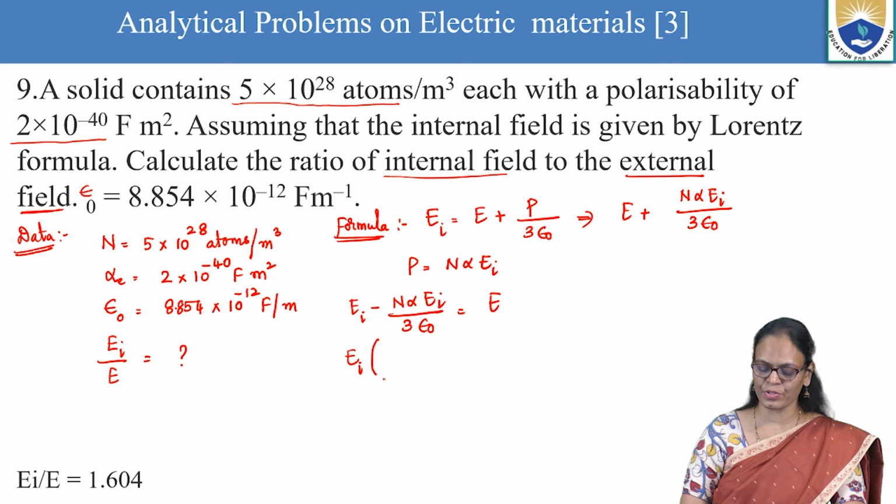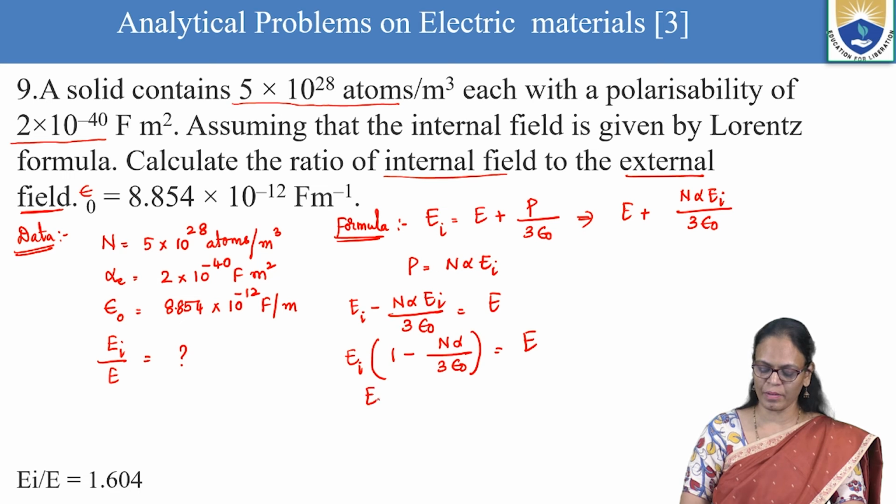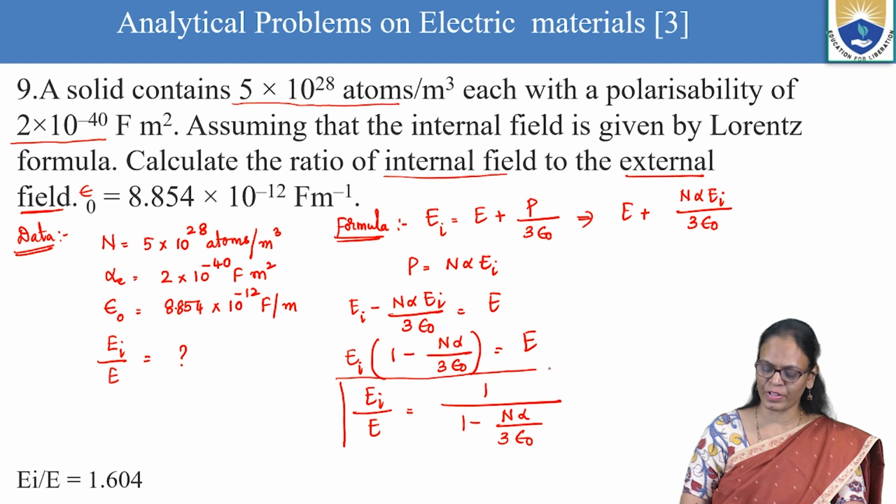So EI into 1 minus N alpha by 3 epsilon naught is equal to E. So EI upon E will be equal to 1 upon 1 minus N alpha by 3 epsilon naught. So this is the formula we have got for the ratio.